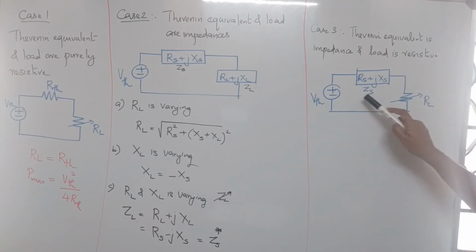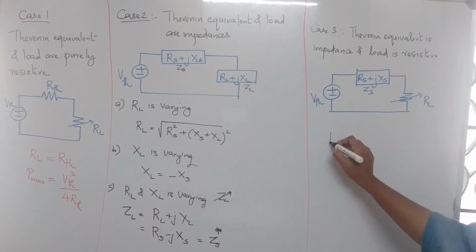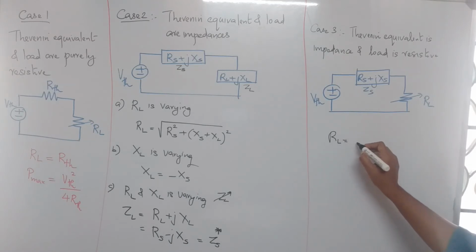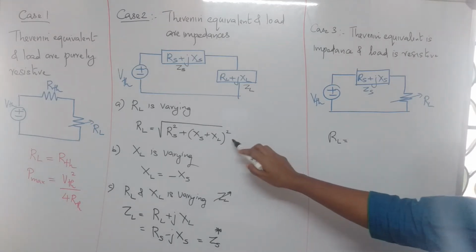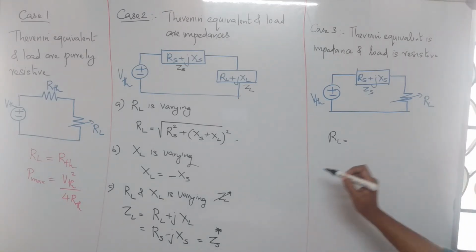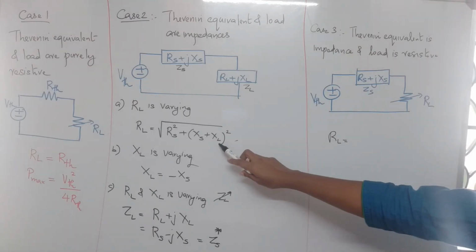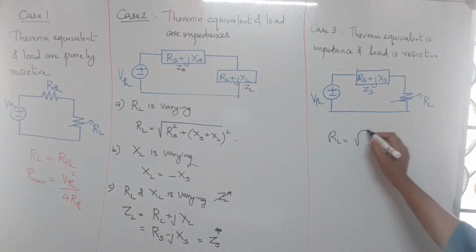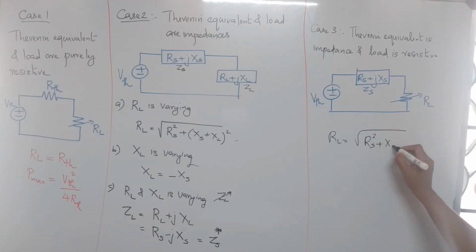VTH, the Thevenin equivalent, is an impedance value which is RS plus JXS, and the load is purely resistive. In such a case, RL will be equal to, it is similar to this case, RL is varying, but here there is no XL, so it will be root of RS squared plus XS squared.